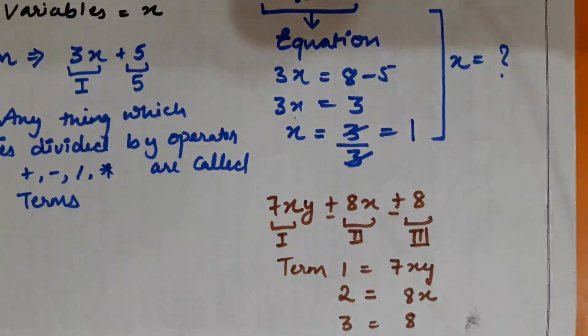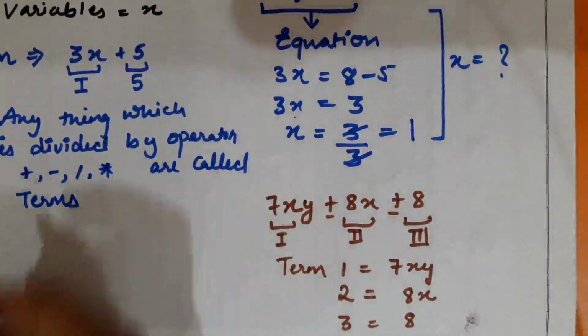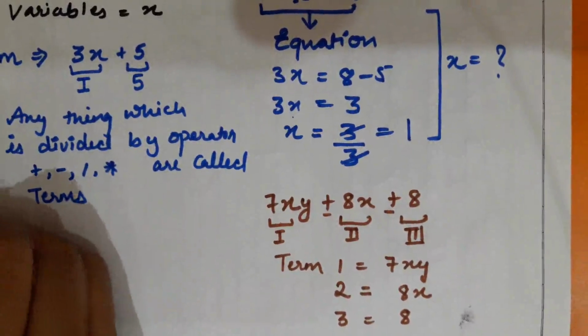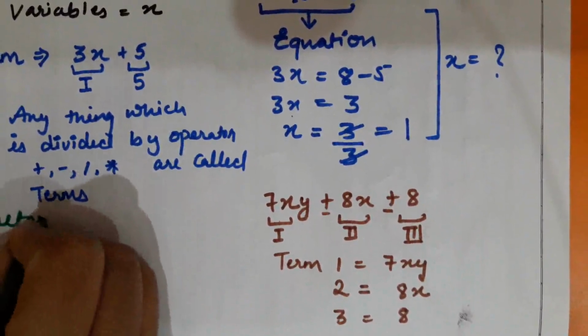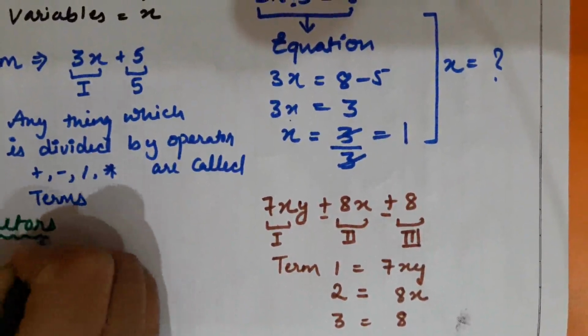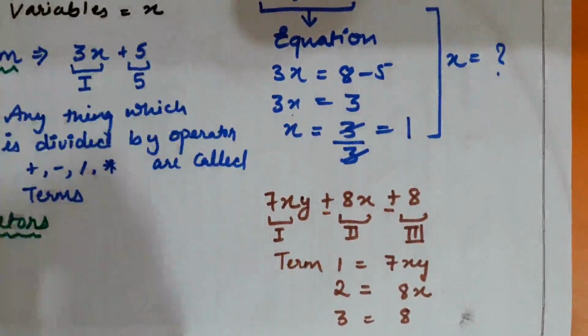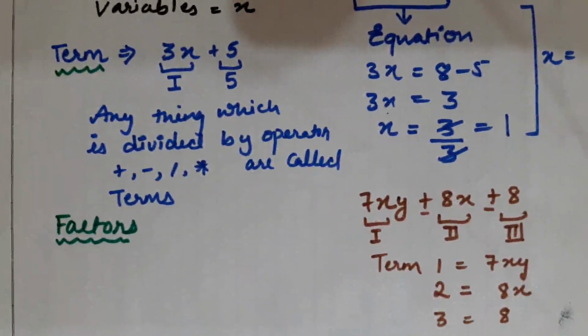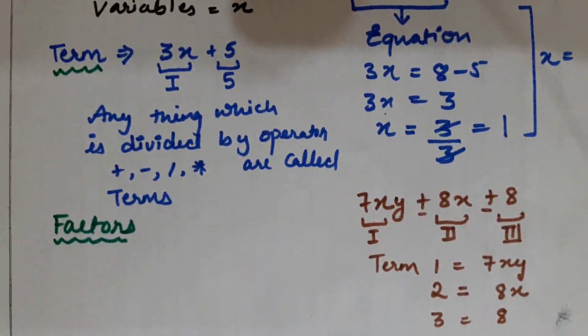Okay, now let's discuss a very new word, that is called factors. What are factors now? I hope these terms we have discussed, we already know from class 7th. So what are factors?